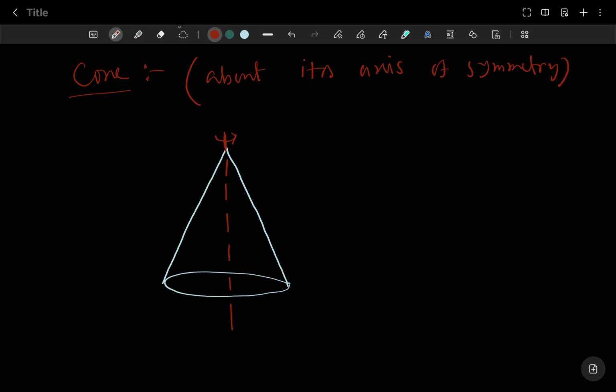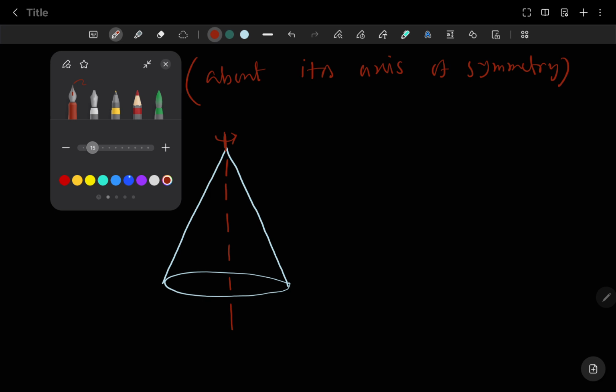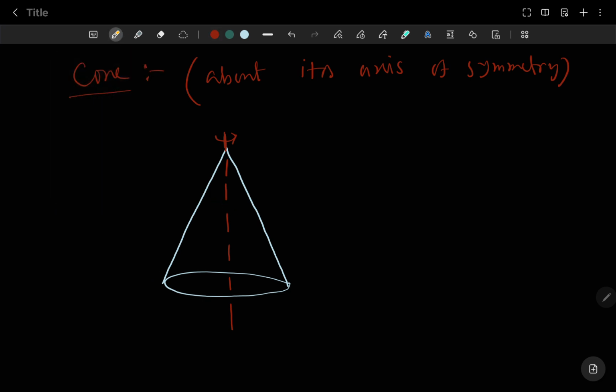So first you consider a solid cone. This is a solid cone. You consider a strip which is a disc basically.